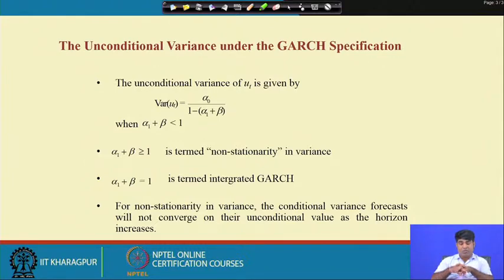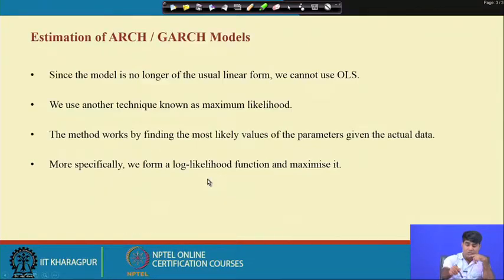However, if alpha 1 plus beta is greater than 1, it is called non-stationarity in variance, and if alpha 1 plus beta is exactly equal to 1, it is called an integrated GARCH model. That is the case here.